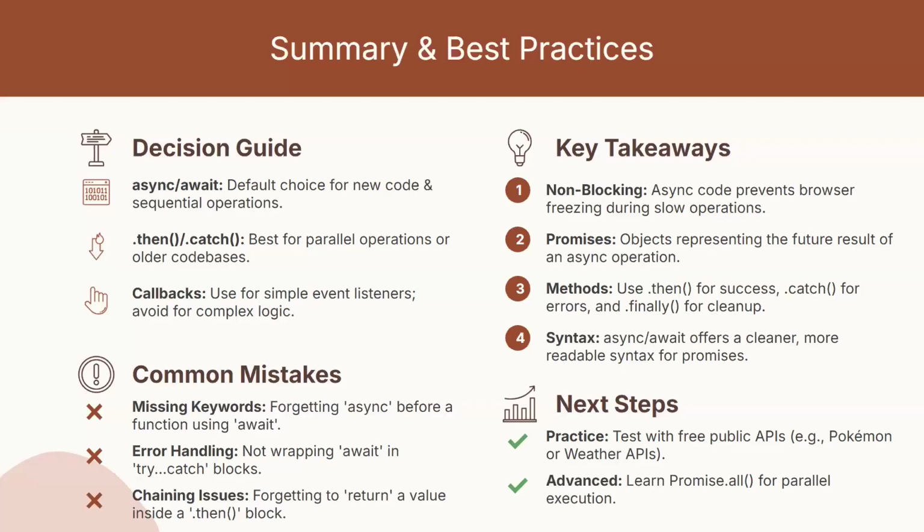Some common mistakes: forgetting to add the async keyword before a function using await. That is something I have definitely encountered when I first learned about async await, so I feel like this should always be considered. Another error is not wrapping await in a try catch block for error handling.